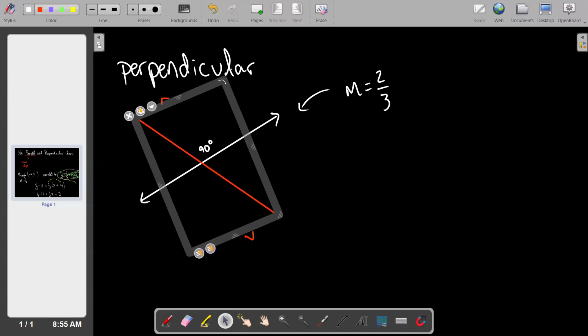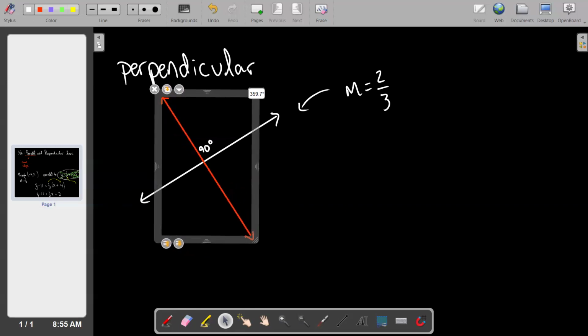You see that? So if the first line has a slope of 2/3, the second slope isn't going to have the same ratio, because it's got 2 verticals for every 3 horizontals. The other one has to be a different sort of setup.